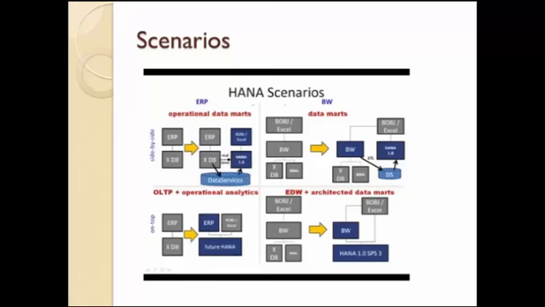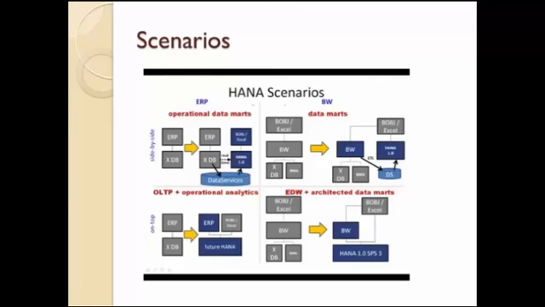Then at the top, similarly, you have BW that is running on a traditional database, XDB, maybe alongside a BWA, as I mentioned earlier, that can be used to accelerate the processing of queries.